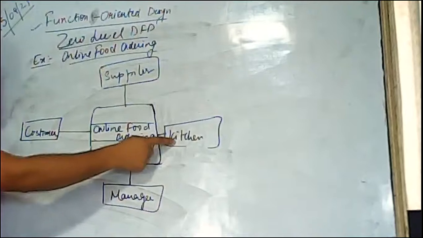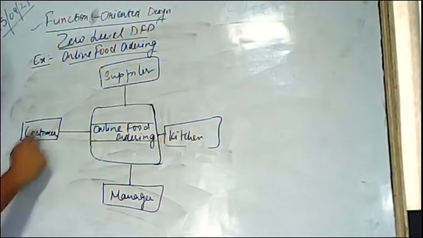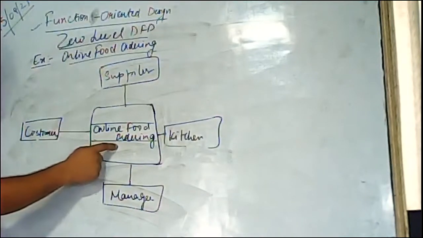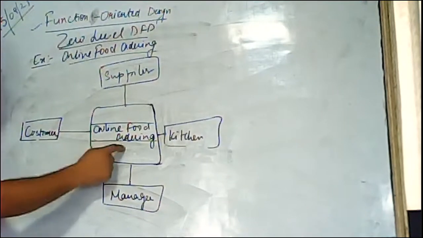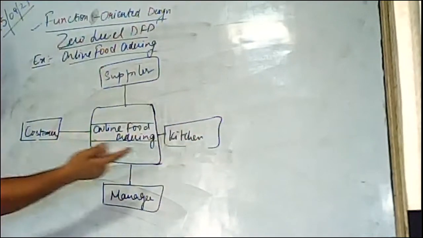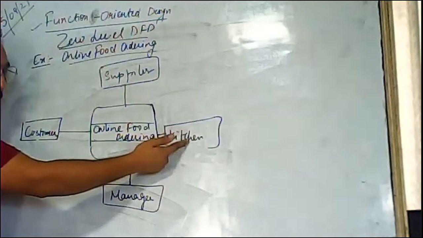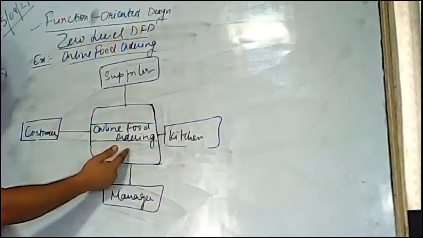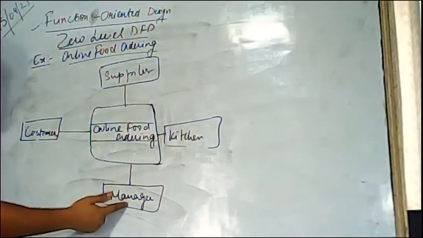Kitchen. The information from the customer will be processed in this function, online food ordering, and goes to the kitchen entity. Kitchen will prepare it, and all the information will be given to the manager.